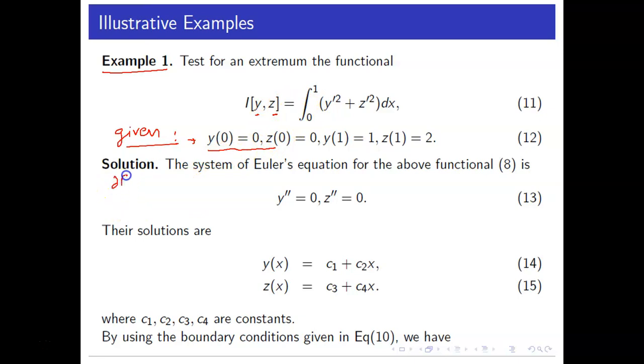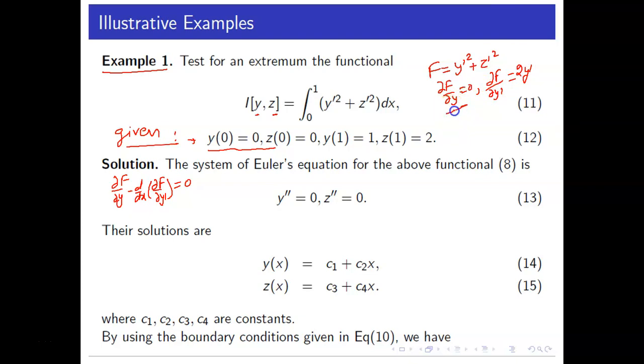One is curly f over curly y minus d by dx of curly f over curly y dash equal to 0. Clearly here f is y dash square plus z dash square, and curly f over curly y is 0, and curly f over curly y dash is equal to 2y dash.